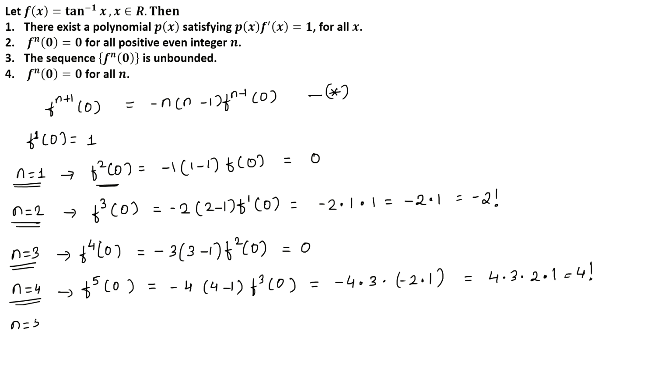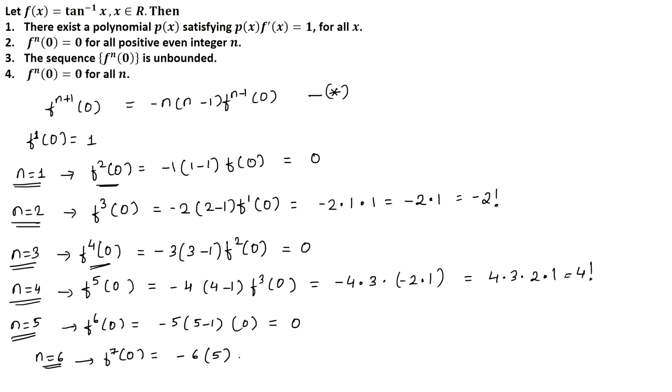For n equal to 5, we have f_6(0) equal to −5 into (5−1) into f_4(0), and as f_4(0) is 0, this gives us 0. For n equal to 6, f_7(0) is equal to −6 into 5 into f_5(0), which is 4 factorial.